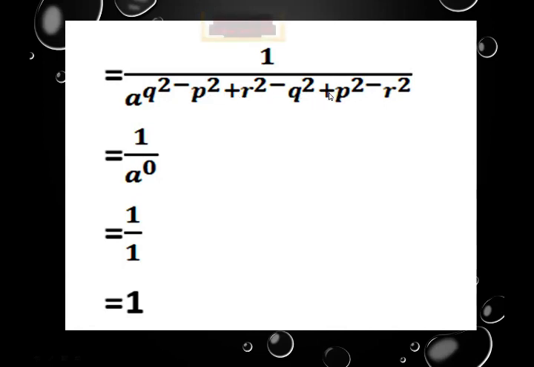Again, they both will cancel each other. Good. What about plus r square minus r square? Absolutely right, they will also cancel each other. It means all the exponents in the denominator have cancelled each other. So what remains there? There is only a to the power 0.